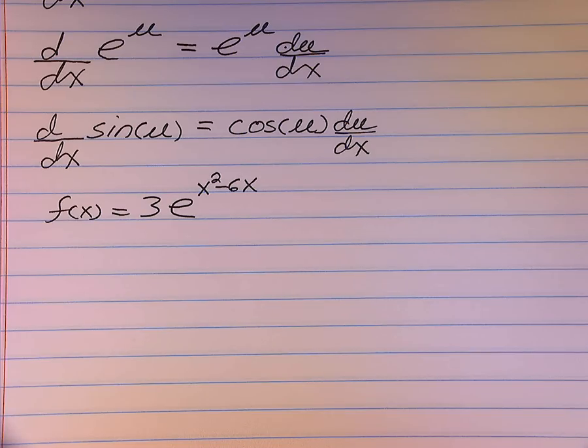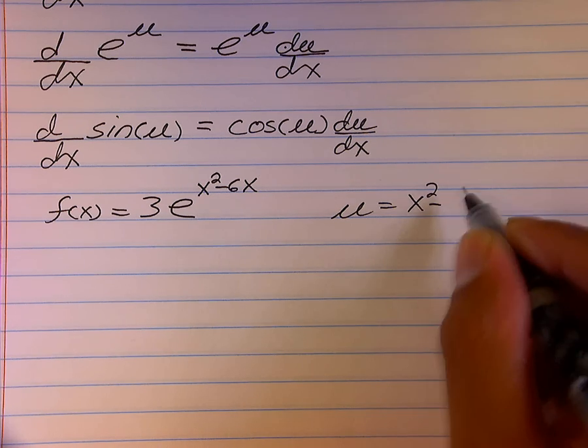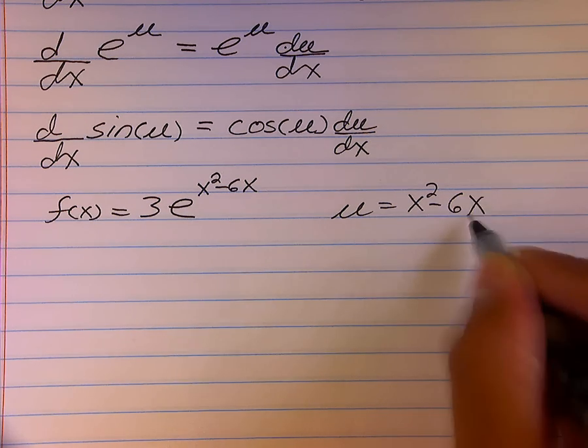I have a lot of stuff going on in the function. In fact, I have so much going on in the exponent, I can describe it as its own function. So I'm going to let u equal x squared minus 6x.